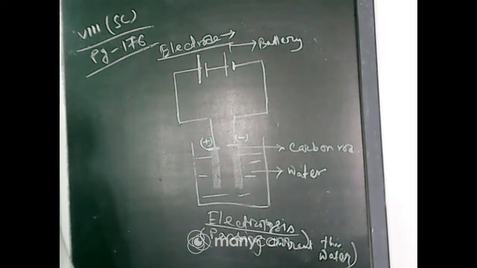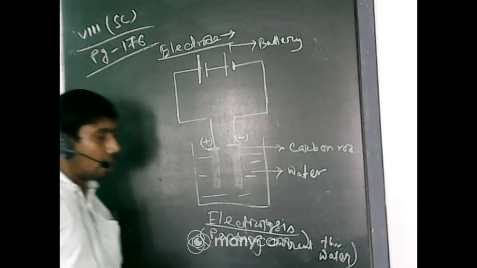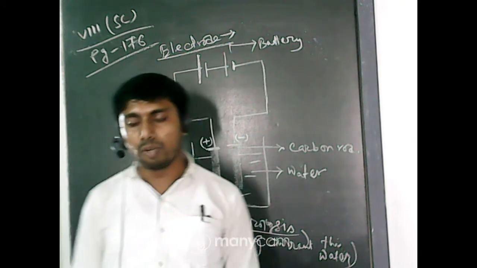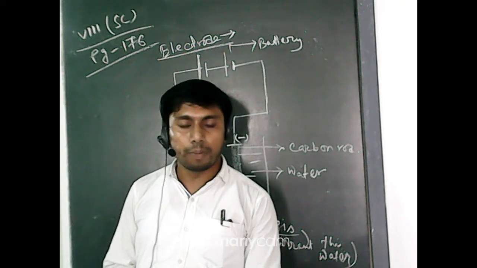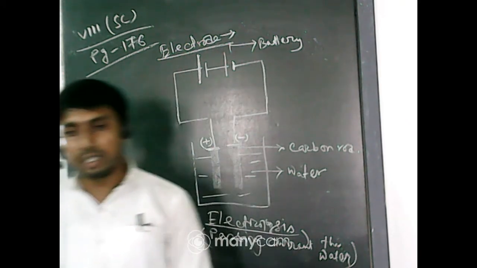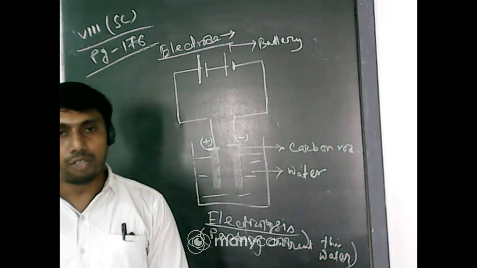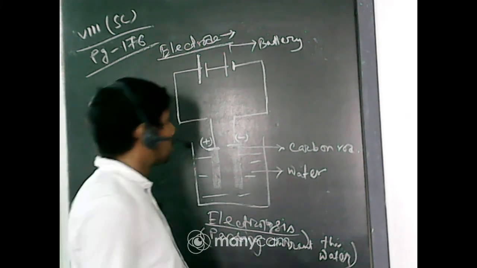Now you have to remember that during electrolysis, or during passing of current through water, hydrogen and oxygen are produced.